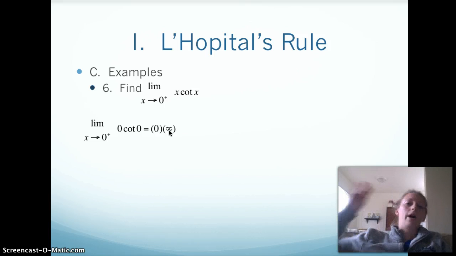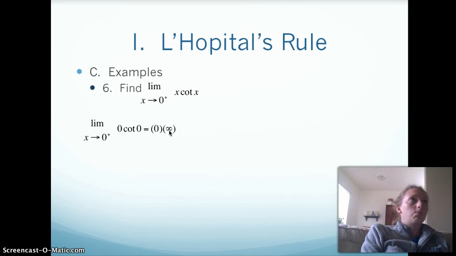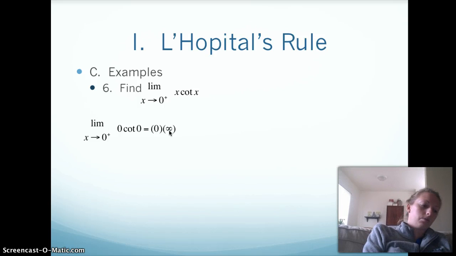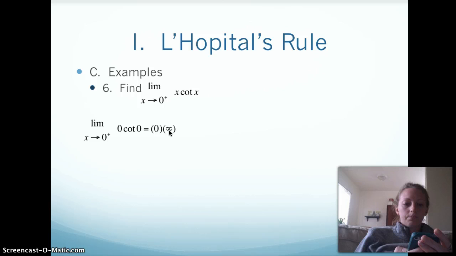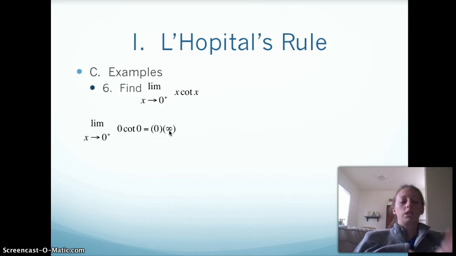So it's like taking 1 and dividing it by 0.000001, or just really, really small numbers, which gives us really big numbers. So 1 divided by 0.00001 equals really big numbers. So it's still going to be 0 times infinity.